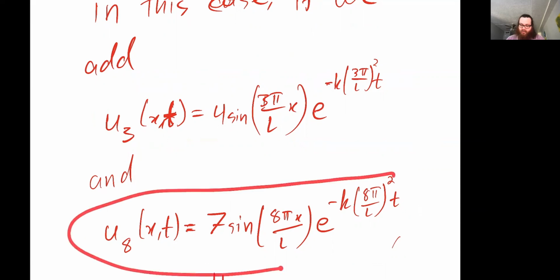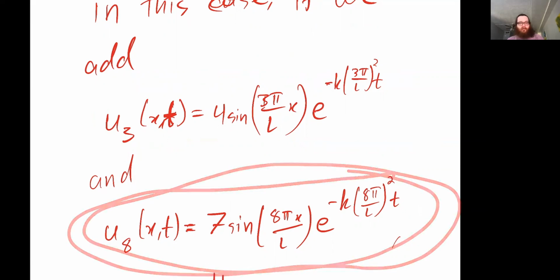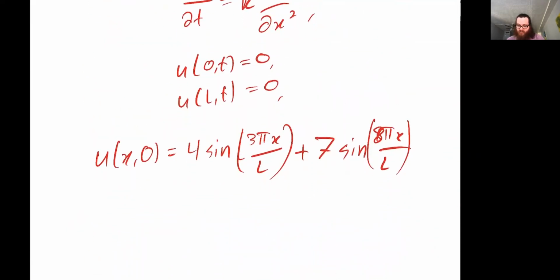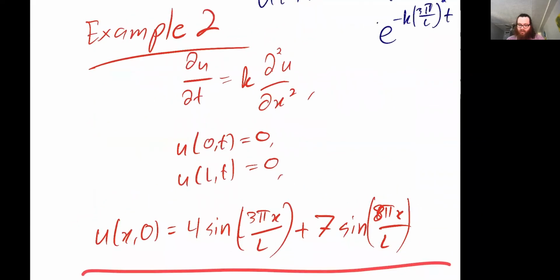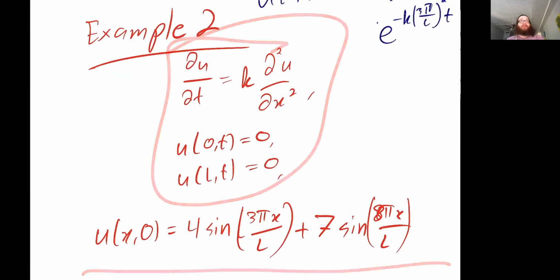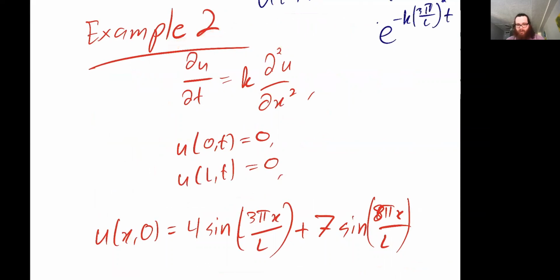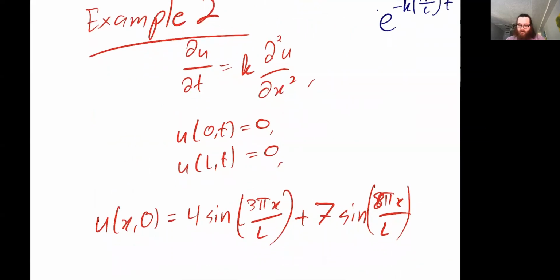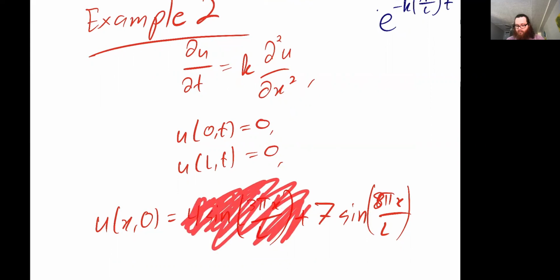Notice that this piece right here solves this problem because it takes that product format. And it also solves this initial condition if we ignore this piece right here. So that's how we got that solution. That's why we chose 7 and 8 pi.